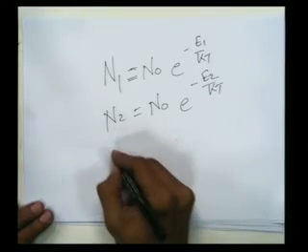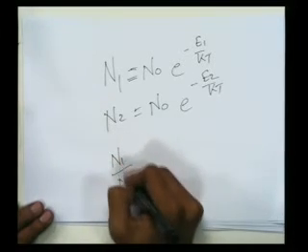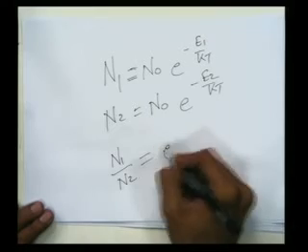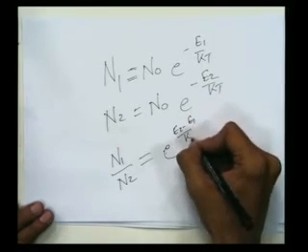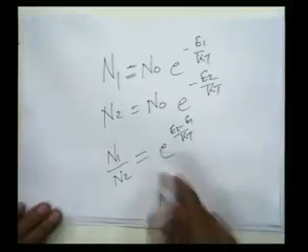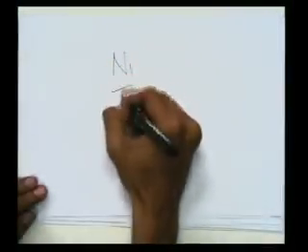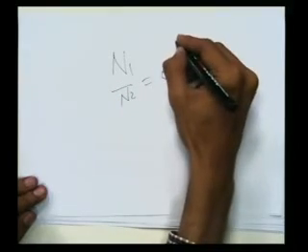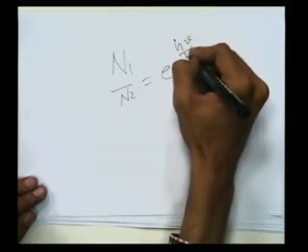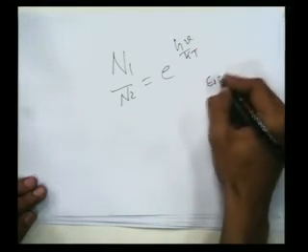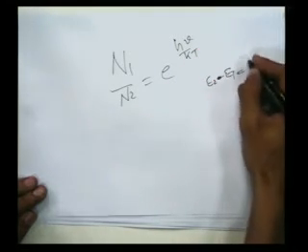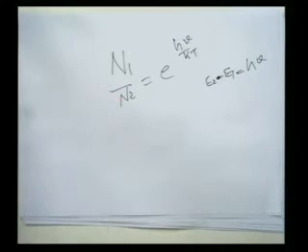If we take the ratio N1 by N2, it comes out as e raised to E2 minus E1 by kT. So N1 by N2 is equal to e raised to h nu by kT, because E2 minus E1 is equal to h nu.